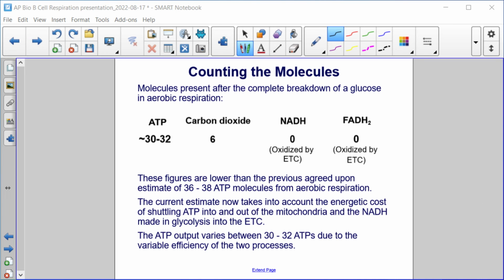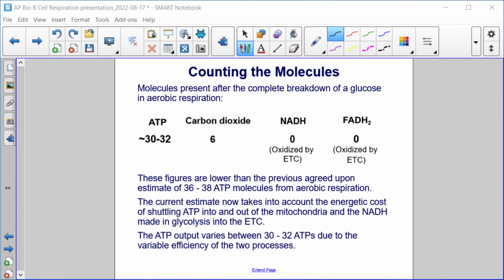These figures are lower than the previous agreed upon estimate of 36 to 38 ATP molecules from aerobic respiration. The current estimate now takes into account the energetic cost of shuttling ATP into and out of the mitochondria and the NADH made in glycolysis into the electron transport chain.